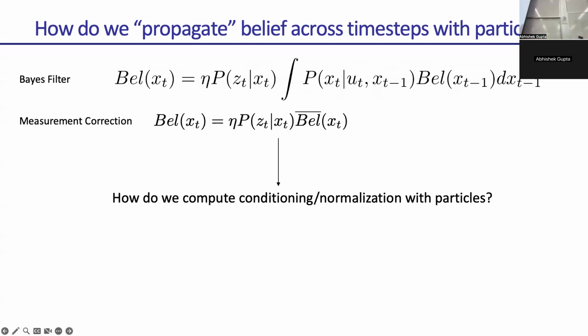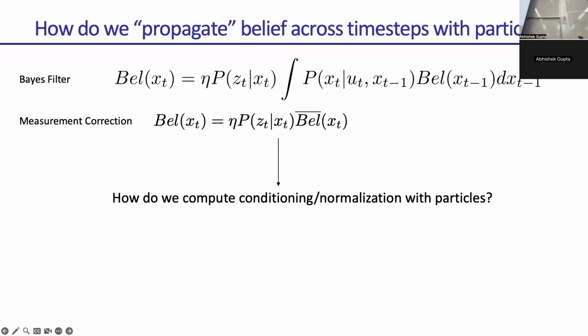But now for my belief bar, I don't actually have numbers. I just have a list of particles, right? So it's not obvious how to do the measurement step with a list of particles, because I don't have the probabilities. I only have samples from belief bar. I don't know the number, which is the probability. What makes the measurement step difficult in the particle filter is that you don't know the numerical value of belief bar.